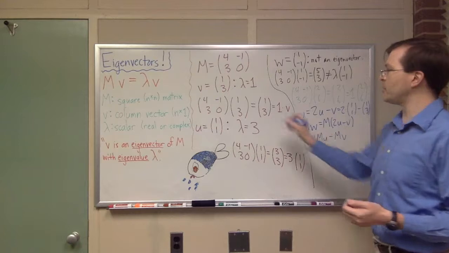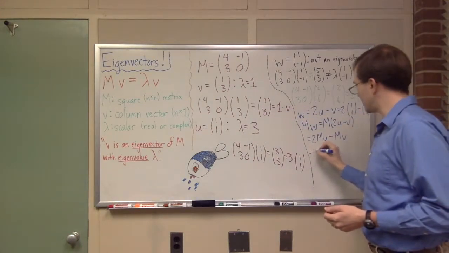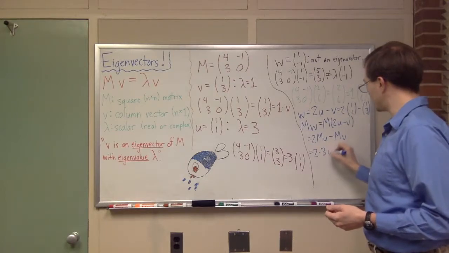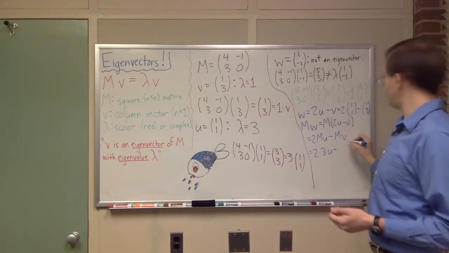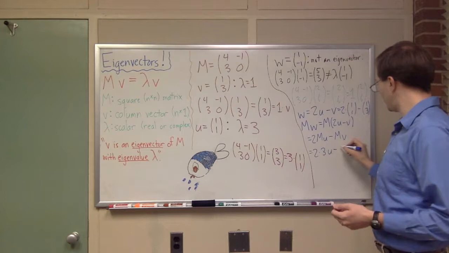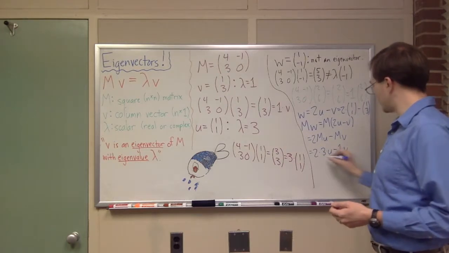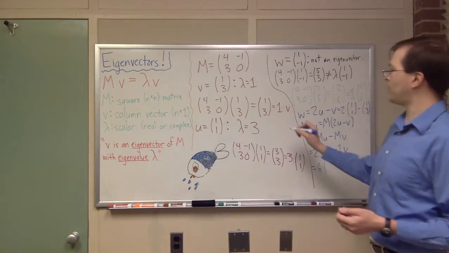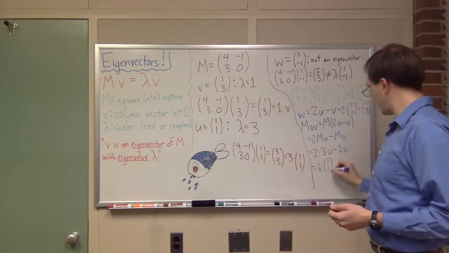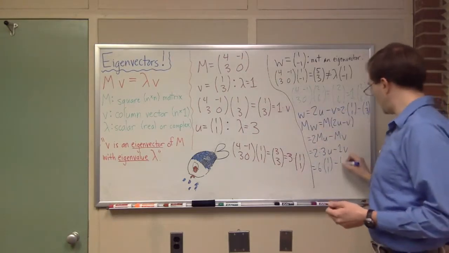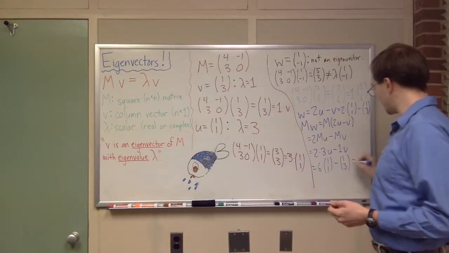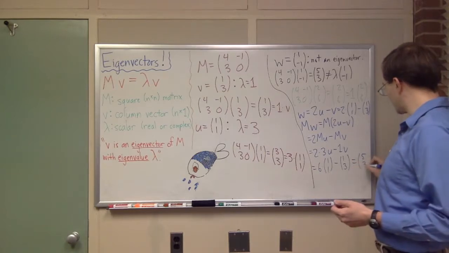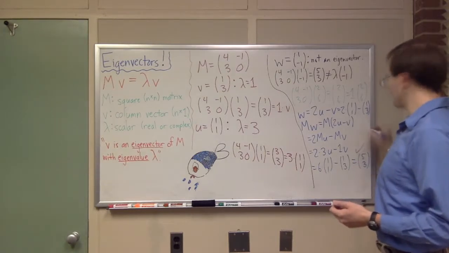And hey, mu, I know what that is. u had eigenvalue 3, and mv had eigenvalue 1, so that's 6 times u minus 1 times v. 6 times my u vector, 1, 1, minus 1 copy of v, 1, 3, that's 6 minus 1 is 5, and 6 minus 3 is 3. I get the same result this way.